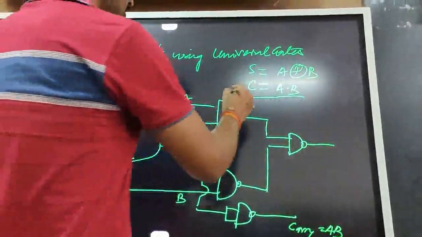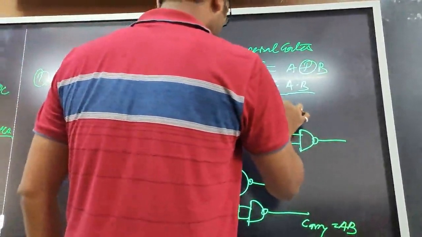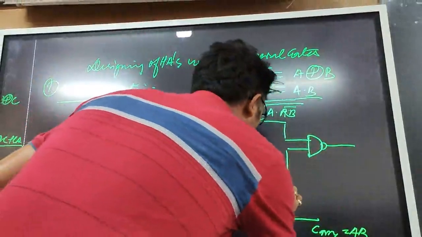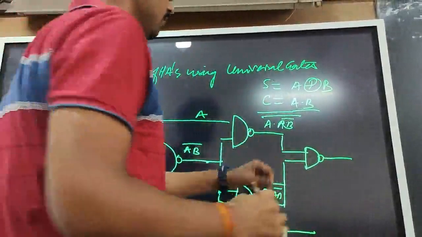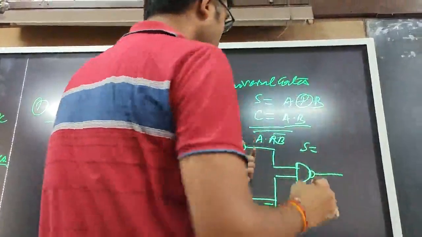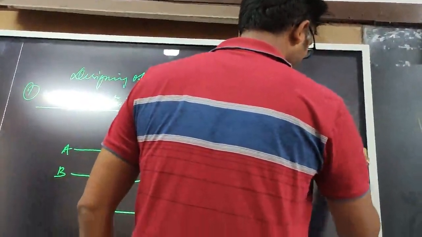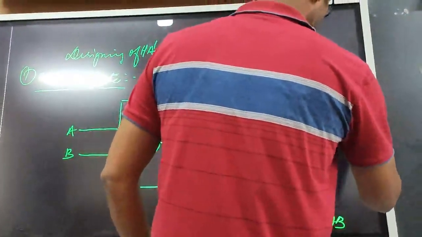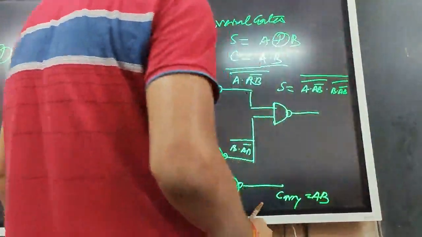For this verification, A dot AB bar whole bar. Here also B dot AB bar whole bar. Finally, what will be here? For the sum, you can see A dot AB bar whole bar dot B dot AB bar whole bar over.